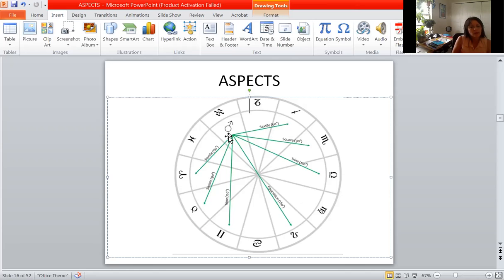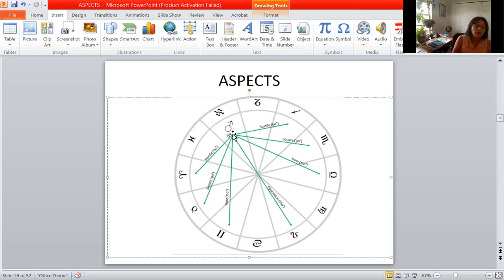And if we did it again, going all the way around to this part over here, that would be our 210. But going from the other way, that's only 150. If we started here in Aquarius and went the other way, it would make it 150 degrees. So I hope everybody can see that.